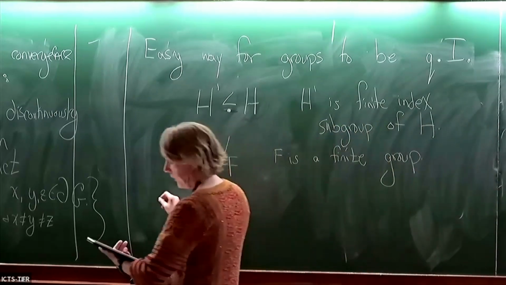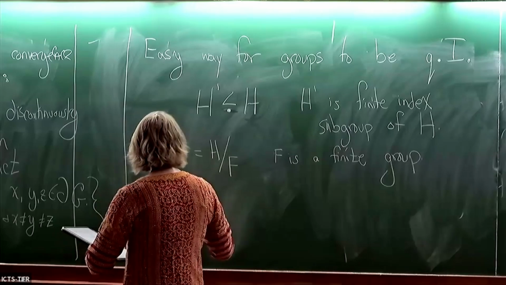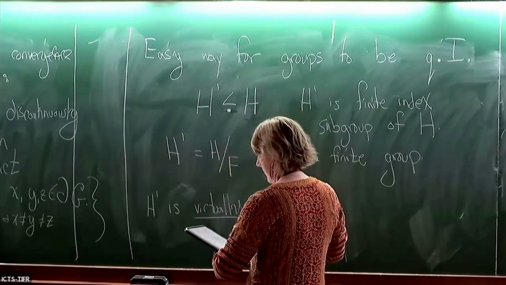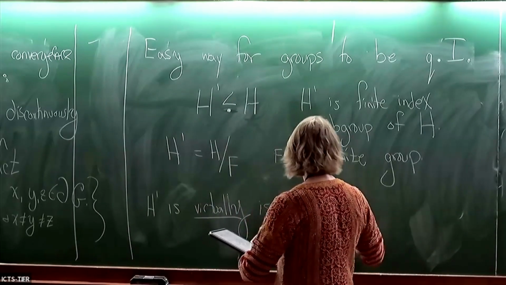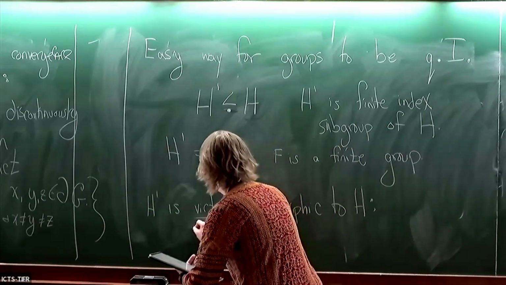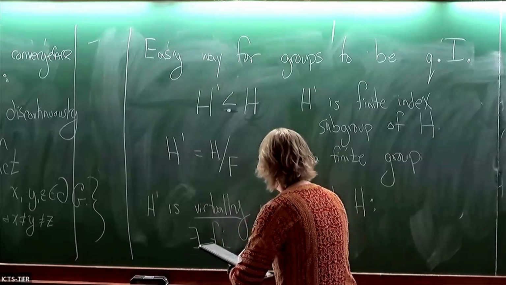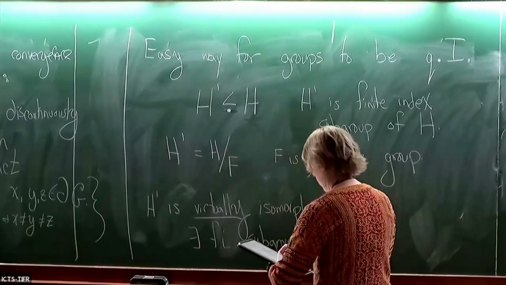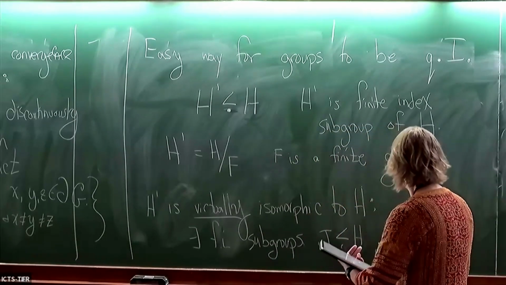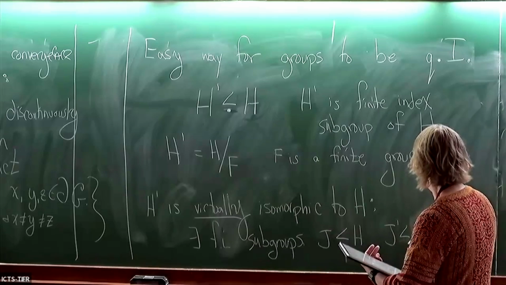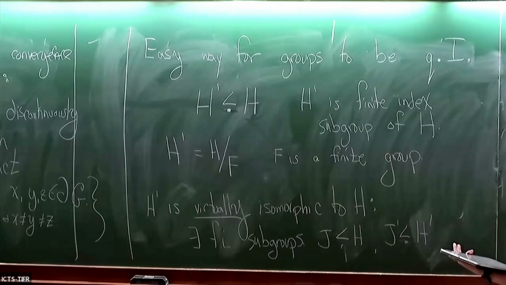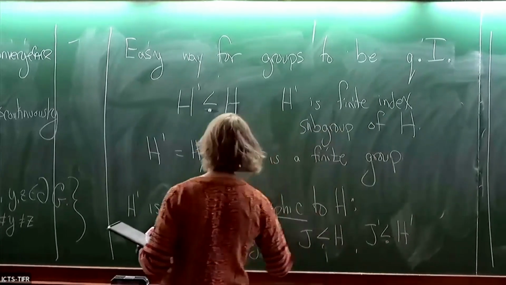We say that H prime is virtually isomorphic to H if there are finite index subgroups J and J prime of H and H prime, okay, sorry, I have to finish the definition here.